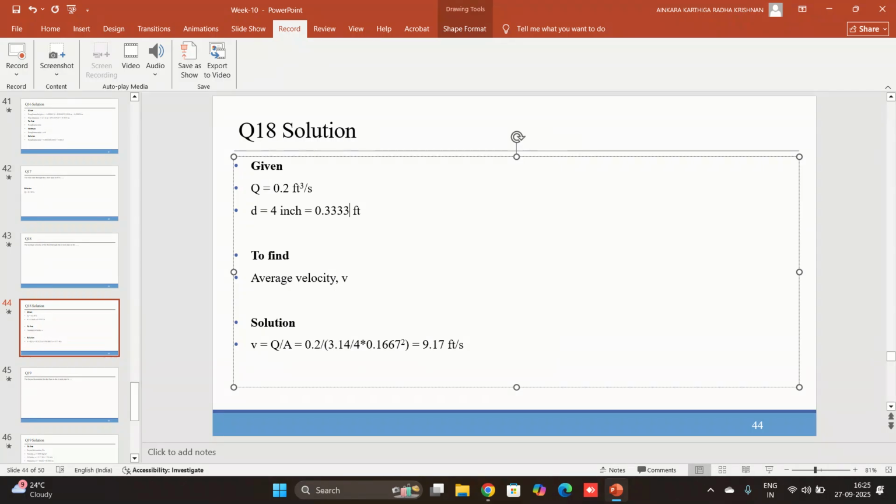4 inches is 0.3333 feet. And how will we calculate the average velocity? We'll calculate it using V is equal to Q by A, where Q is 0.2 feet cube per second, and A we need to calculate.